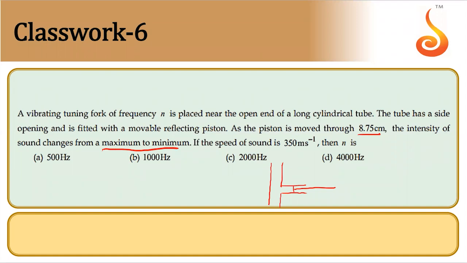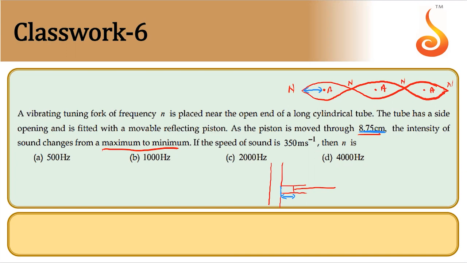So in case of a stationary wave, the wave pattern will be like this. So this is called antinode and this is called node. So when the piston is at the original position here, the intensity heard is maximum. When you move through a certain distance, 8.75 centimeter, then you have moved from node to antinode or antinode to node, right?